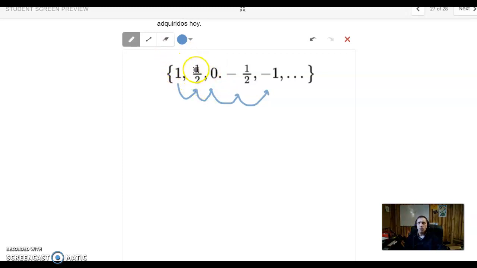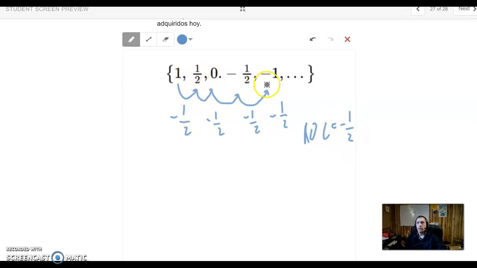How do I go from 1 to 1/2? I'm going to subtract 1/2 each time. 1/2 minus 1/2, I get 0. Okay, that works. Minus 1/2 again, I get negative 1/2. Subtract 1/2 again, I get negative 1. So my rate of change in this linear function for an arithmetic sequence is negative 1/2.